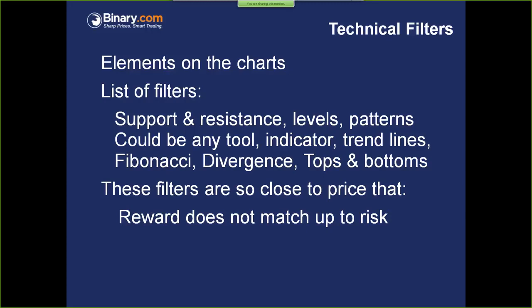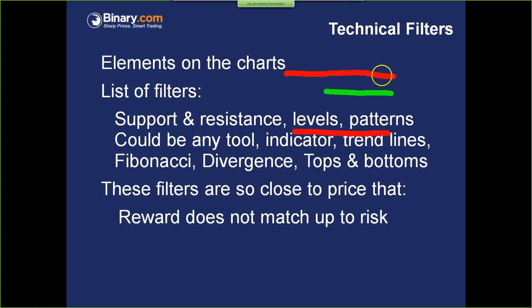Now, another filter that we can use is the last one I mentioned. Reward does not match up to the risk. This is an important one. Let's say that price is at this green level and we have a daily high here. This is intraday trading, and a daily low, I don't know, somewhere, let's say here.